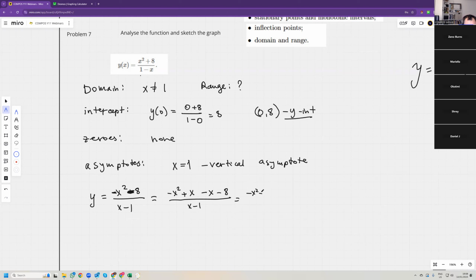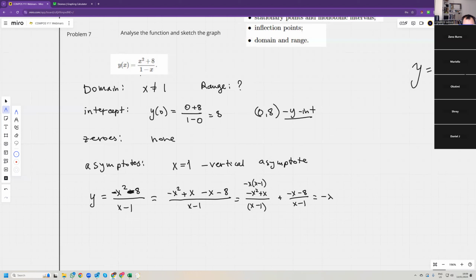Minus x squared plus x. I'm going to break it down into two fractions. Minus x minus 8 over x minus 1. So this can be written as minus x times (x minus 1) divided by (x minus 1). So x minus 1 cancels.